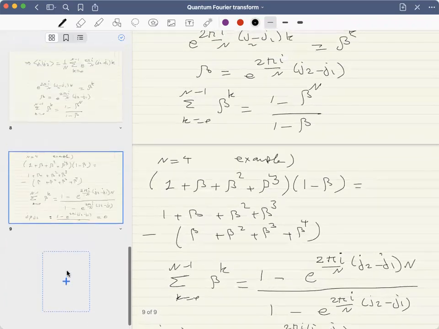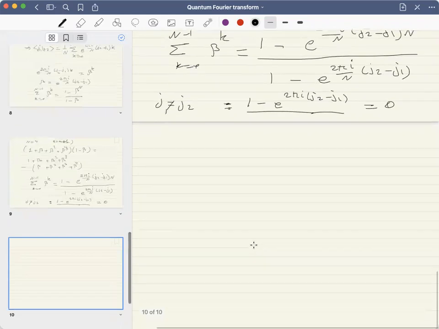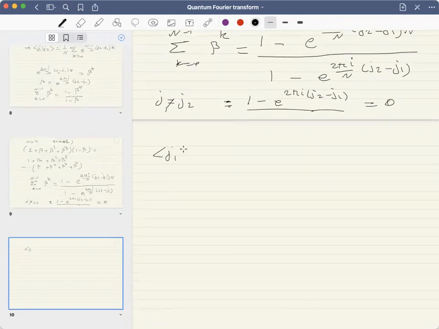So essentially what we did, we showed that the inner product of j1 and j2 is equal to delta j1, j2. It is 0 when they're different, and it's 1 when they're the same.